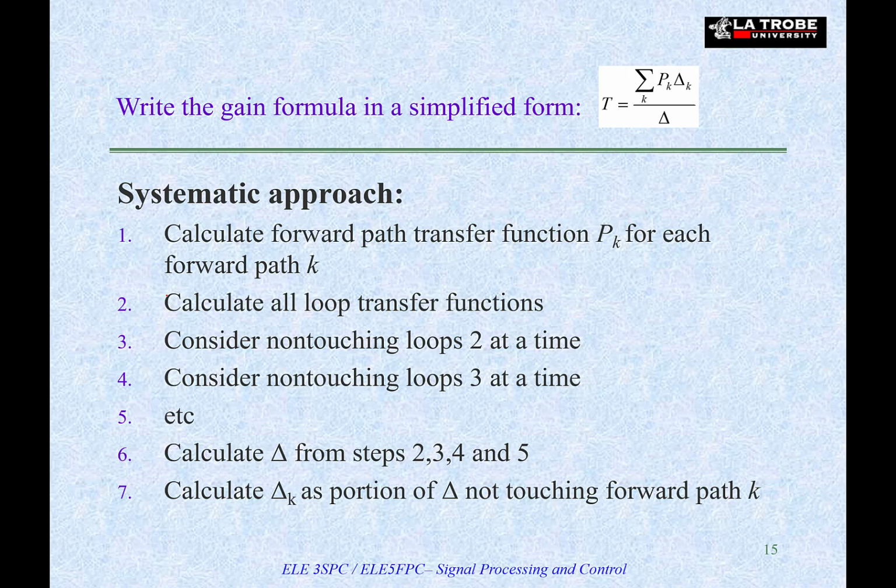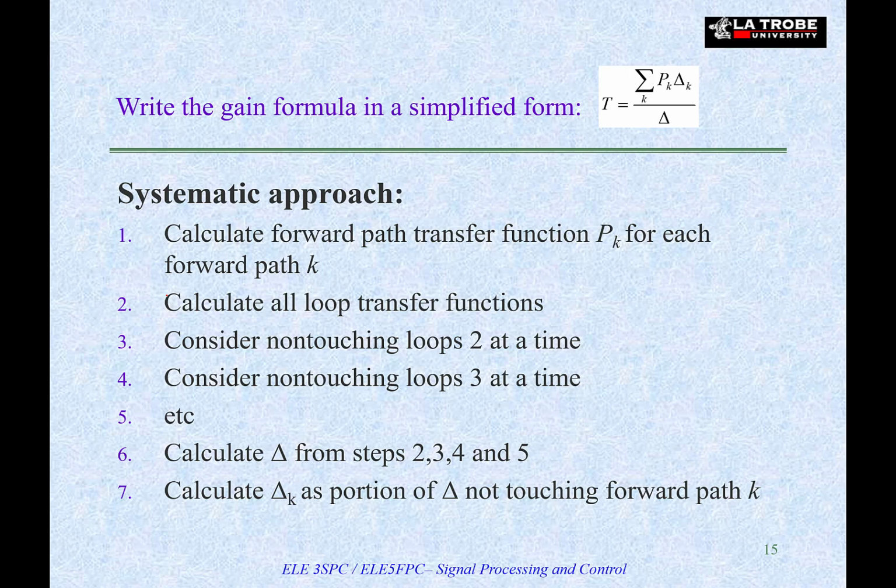We need to calculate the forward path gain for each available path in the signal flow graph. The second step is we need to calculate all the loop gains or the loop transfer functions. A signal flow graph may contain a number of loops, so we need to calculate each loop transfer function.